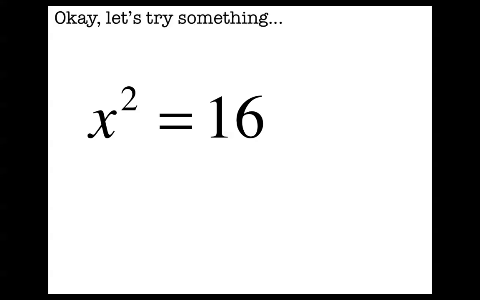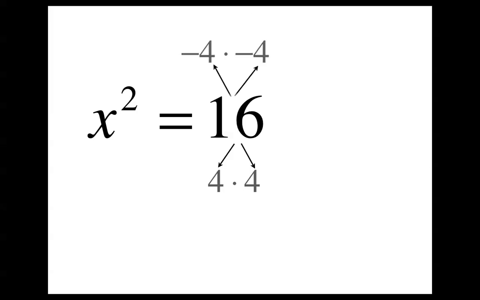What if I asked you to solve this equation and tell me what x equals? You would probably know pretty quickly that 16 is 4 times 4, and therefore x must equal 4, right? Well, kind of. You're almost there, because there's something else tricky about this. Couldn't you make 16 by doing -4 times -4? Wouldn't -4 squared give you 16?